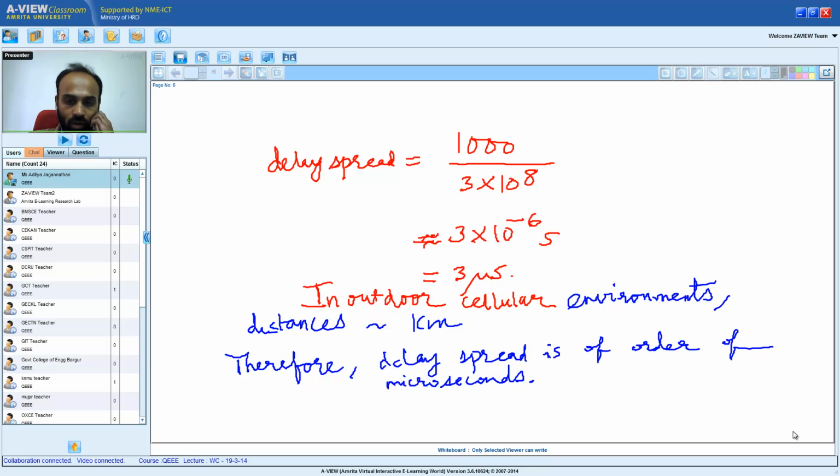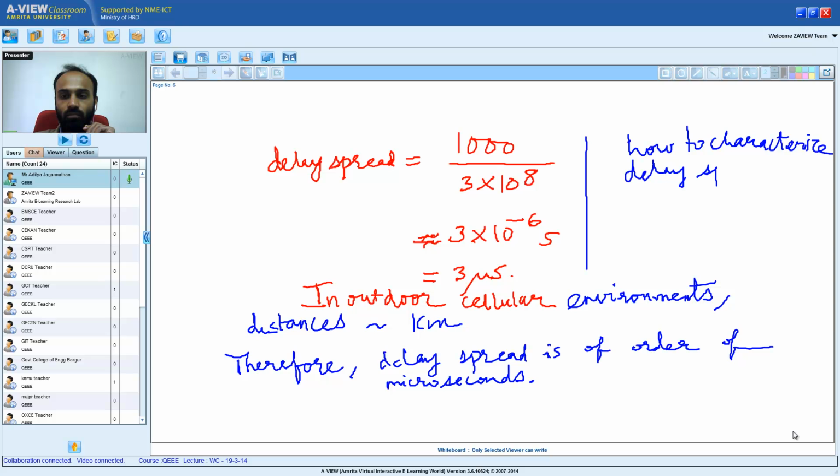Now, what we want to do is characterize delay spread. How do you characterize the delay spread given a power profile?